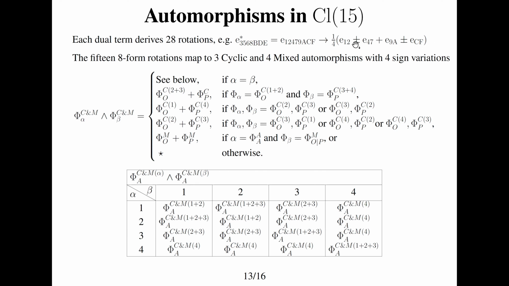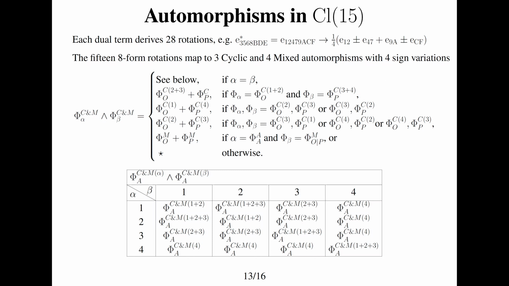But you can do that for the 15 terms, and you can also have 4 mixed ones for 15 terms and 4 sign variations. The mixed ones swap between the upper and lower half, and the sign variations are on top of that 7.